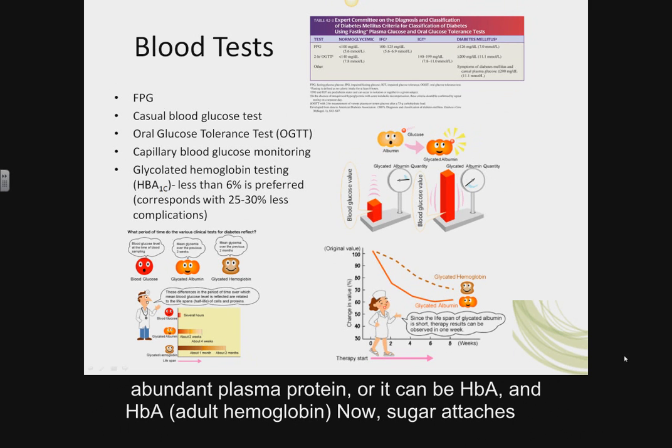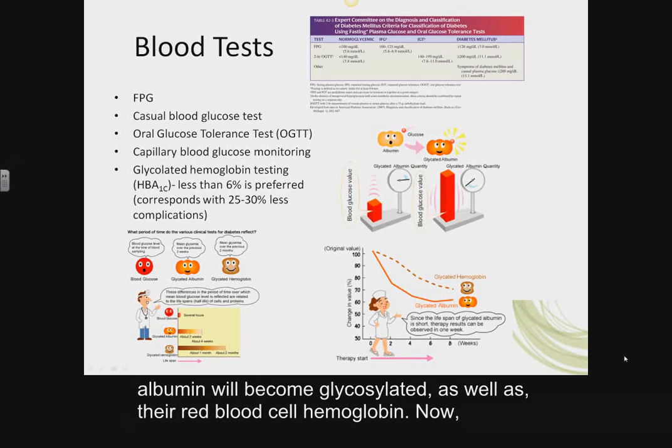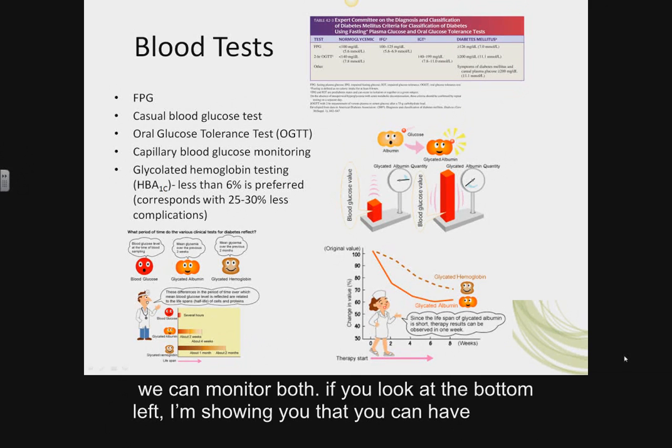Either way, the sugar attaches to the globin chains or any protein. If the patient has really high blood glucose levels, even their albumin will become glycosylated as well, and even their hemoglobin.